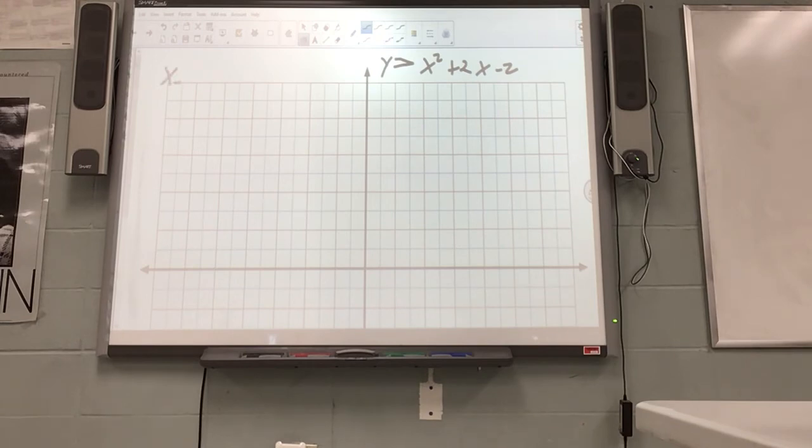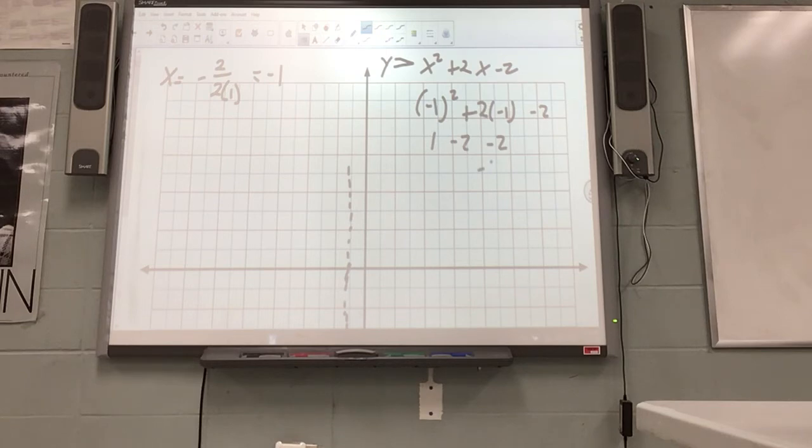I'll start with my negative b over 2a. So that's negative 2 divided by 2, so that's negative 1. So here's my axis of symmetry. Now just plug that negative 1 back in to get my y. So negative 1 squared plus 2 times negative 1 minus 2. 1 minus 2 is negative 1.